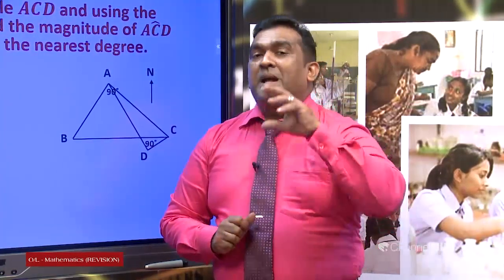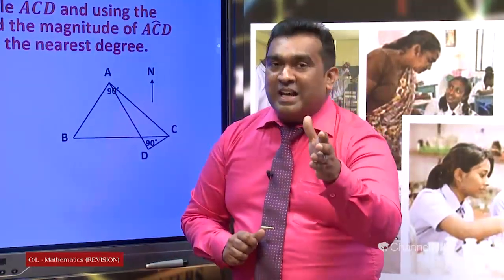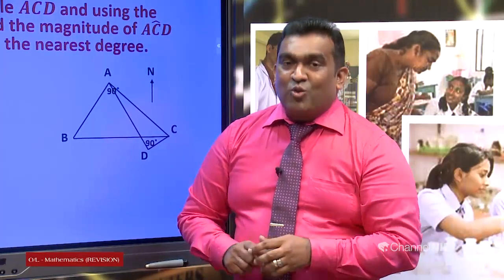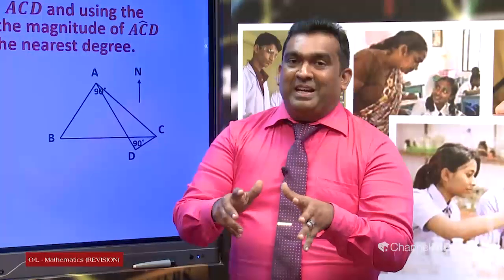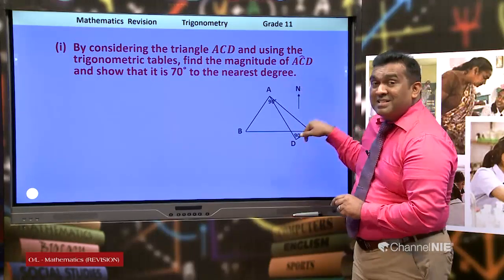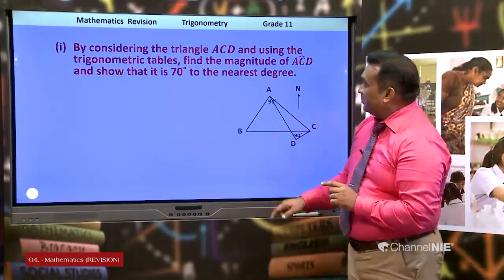If you want to apply tan ratio, you want opposite side and adjacent side. According to the given information, you have to identify what is the opposite side or what is the adjacent side or what is the hypotenuse. Read the question.